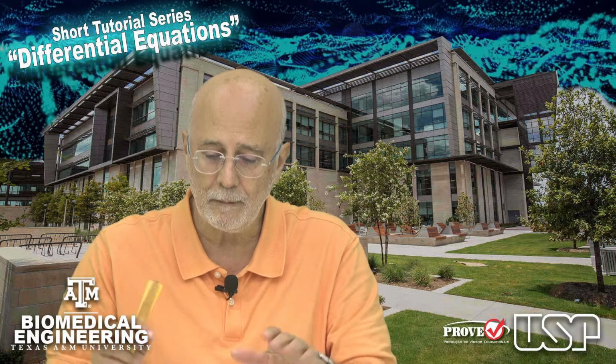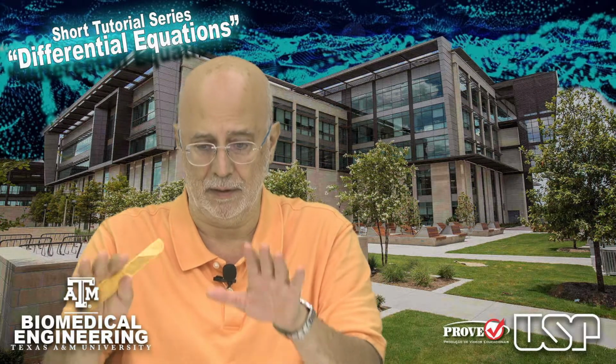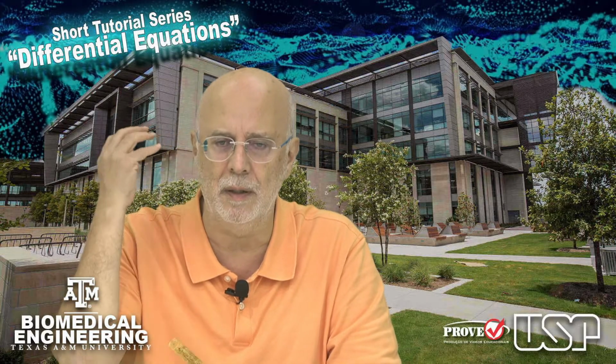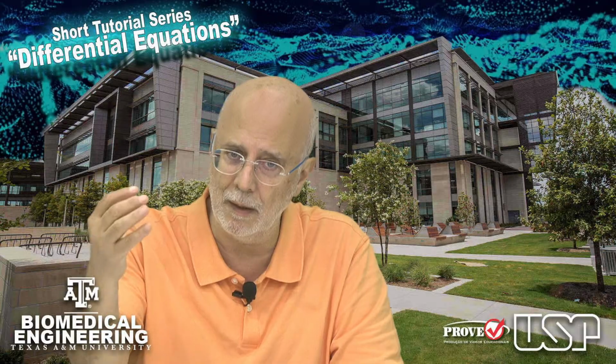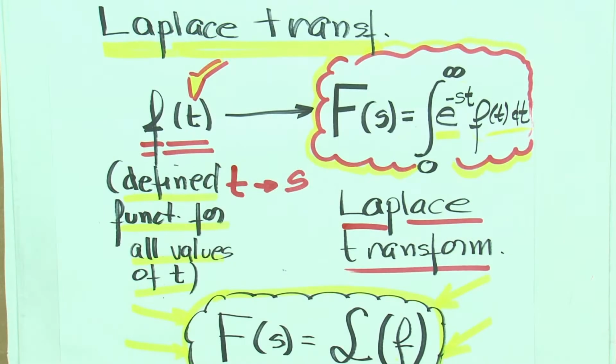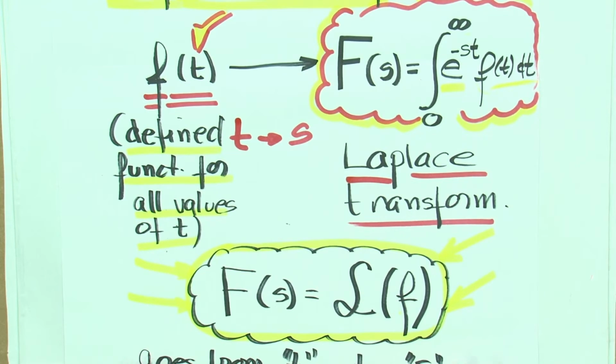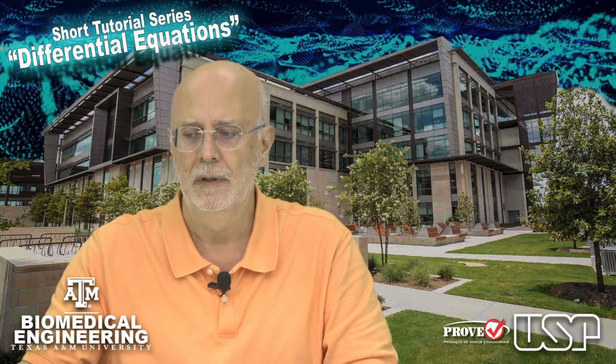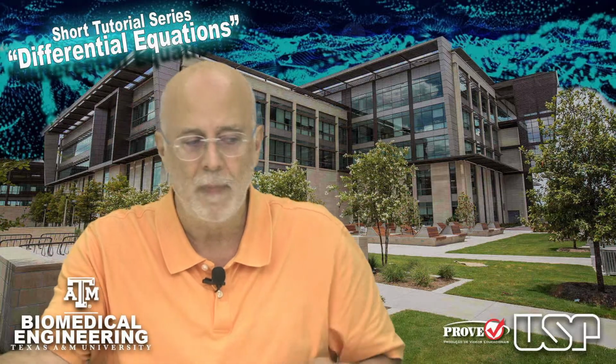There is a very nice philosophy behind defining it that way, as you're going to see as we develop our lecture. Very good. So this is the definition of the Laplace transform.